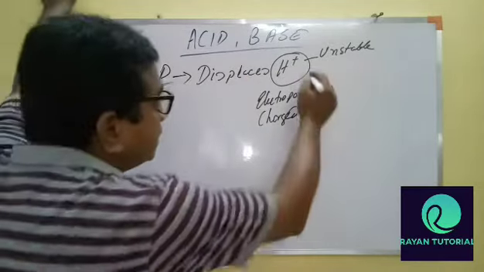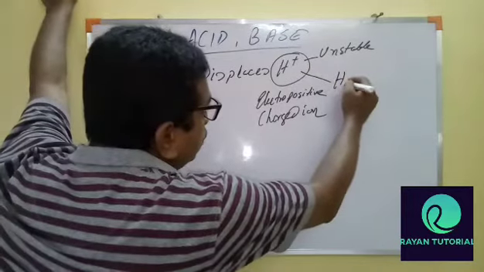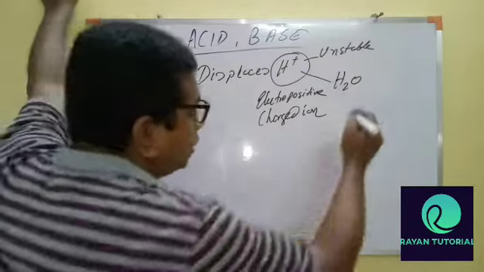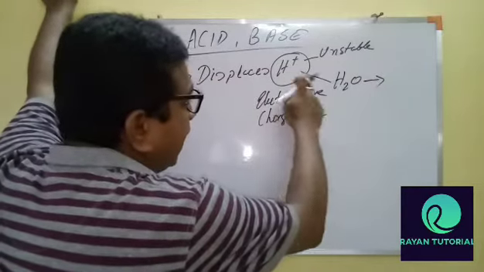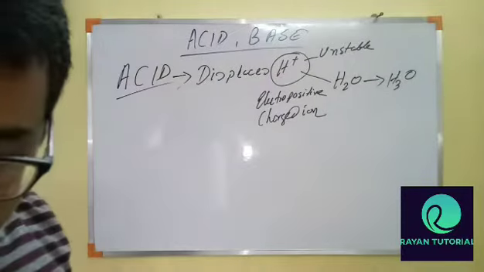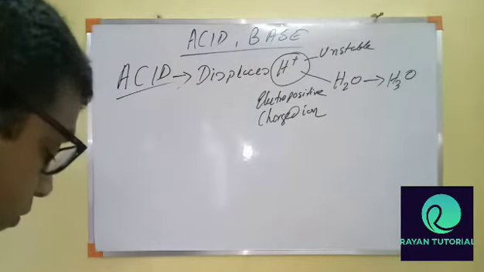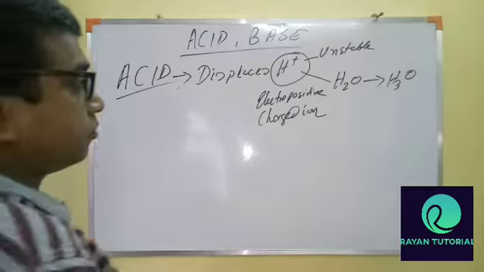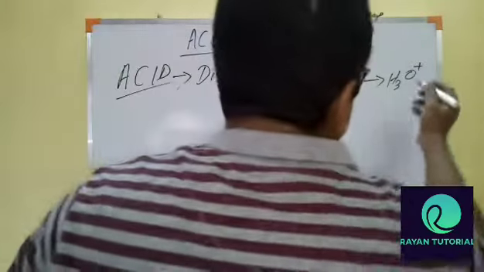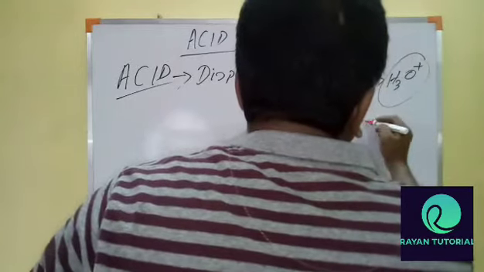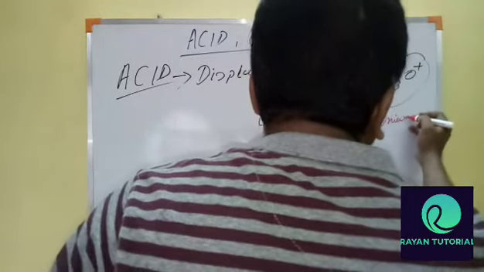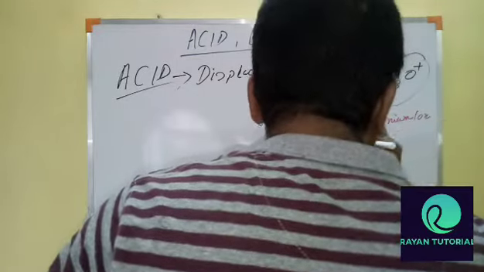So it readily reacts with water and gives H3O. This is called hydronium ion.